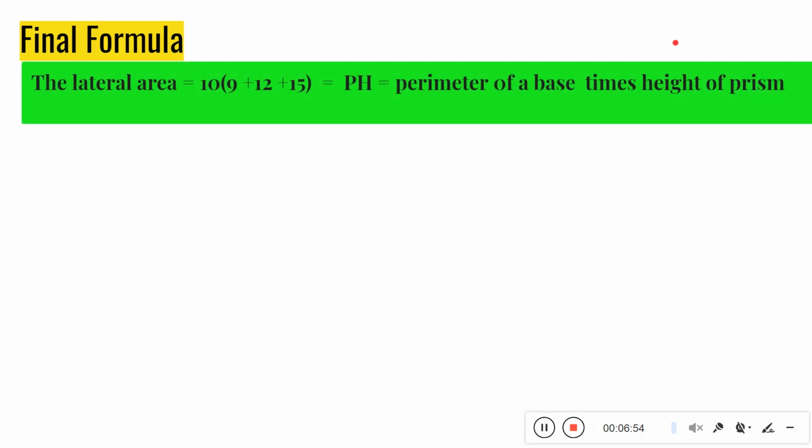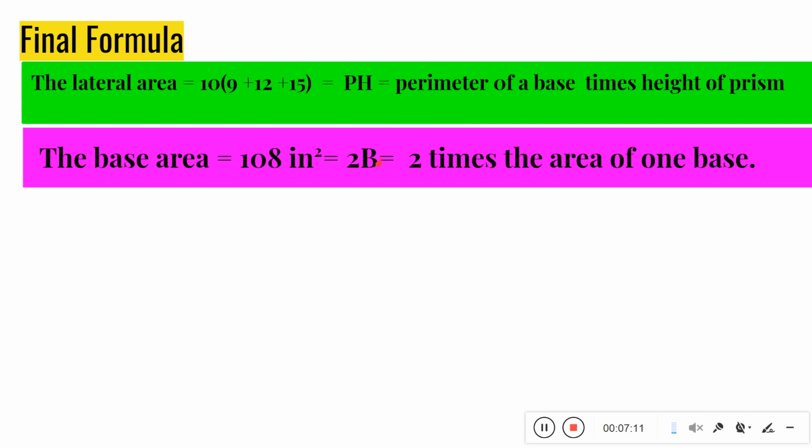So here's our final formula. This lateral area that we talked about, this 10 is H, the height of the prism, and this 9 plus 12 plus 15 is P, the perimeter of the base. Now remember, we said that 2B was 2 times the area of one base. So this PH represents the lateral area, the area of those three rectangles.